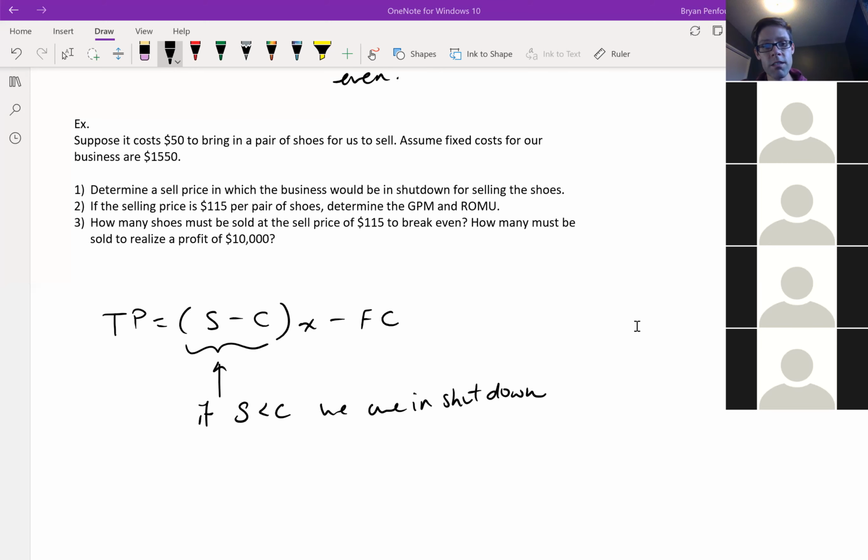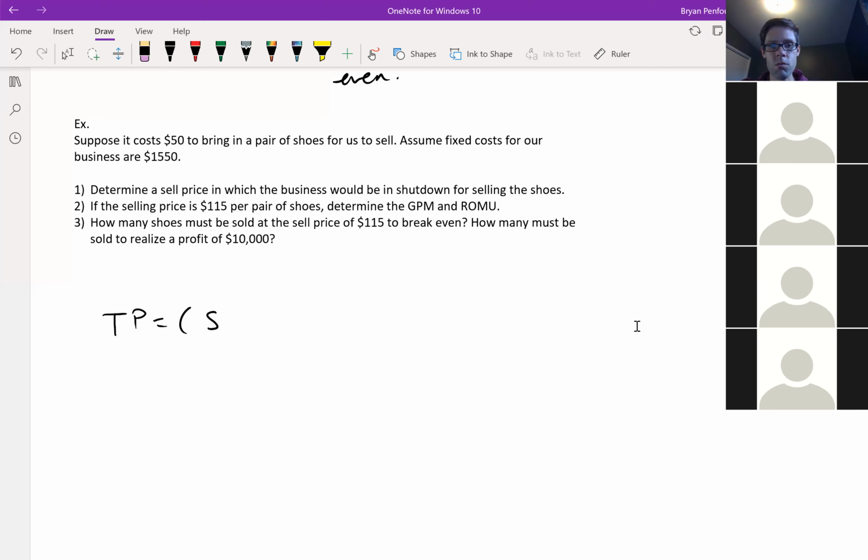From the perspective of our class, we're just going to say it really doesn't make sense to sell at a loss, because we're going to pretend we're only selling one item. So the best way to answer number one is to say it costs us $50 to bring in a pair of shoes. I probably wouldn't want to sell it for $45.